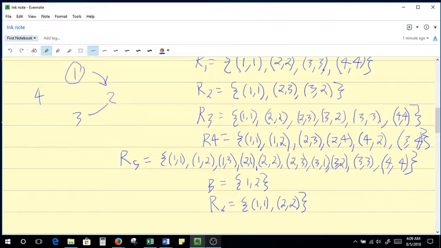We have 2 to 3. 2 to 4. 4 to 2. And 3 to 4. So for this one, we only have transitive. So we go from 2 to 3, 3 to 4, and 2 to 4 to complete our statement.